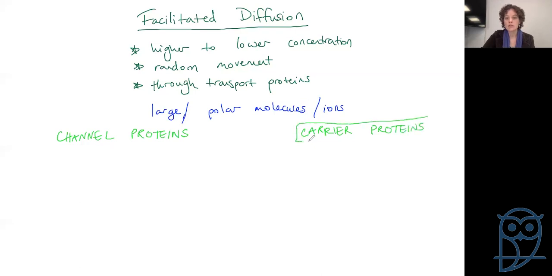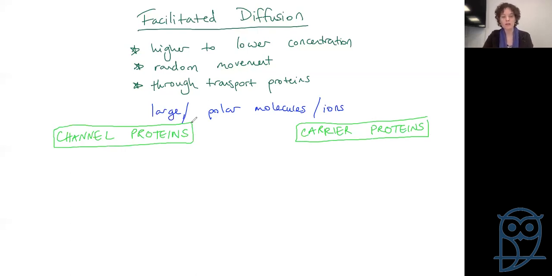So in general, we say that facilitated diffusion happens through transport proteins. But then we have to be a little bit more specific. What are our transport proteins? They're either channels or carriers. So a channel protein allows free movement of ions.